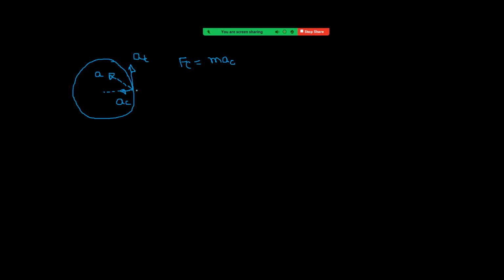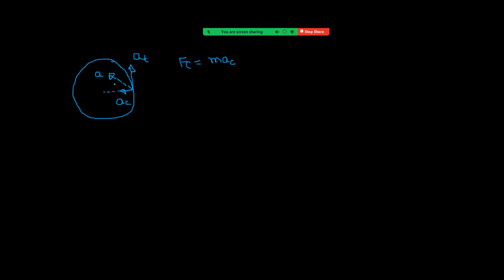The net force acting on the particle towards the center is called centripetal force. And we have seen that this centripetal acceleration is responsible for changing the direction of velocity. And because of tangential acceleration, speed changes, meaning the modulus of velocity changes.